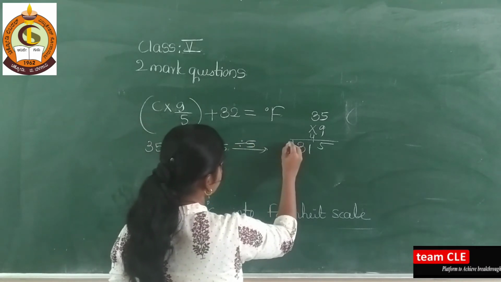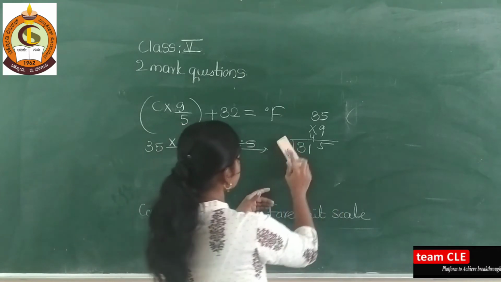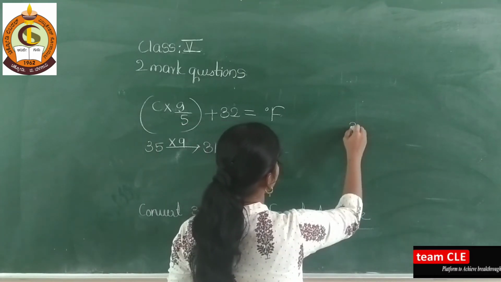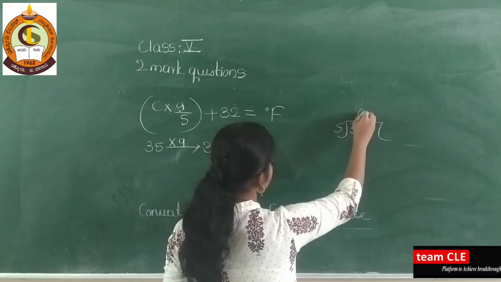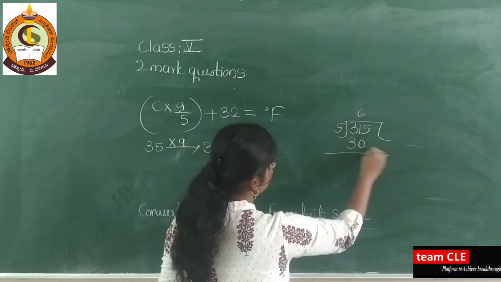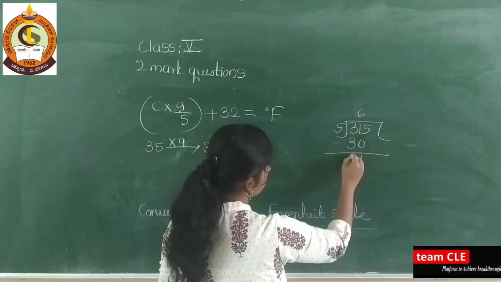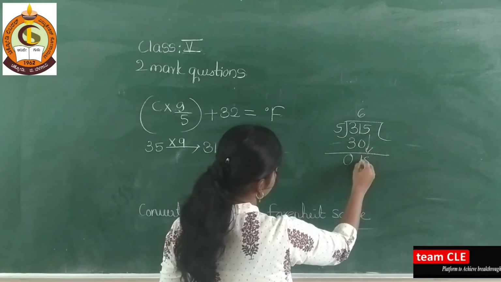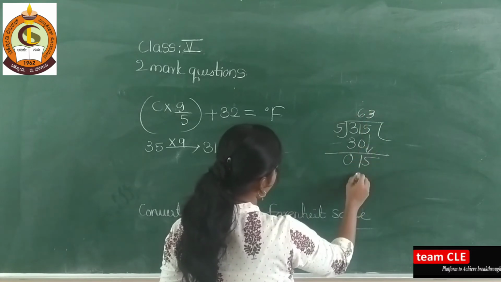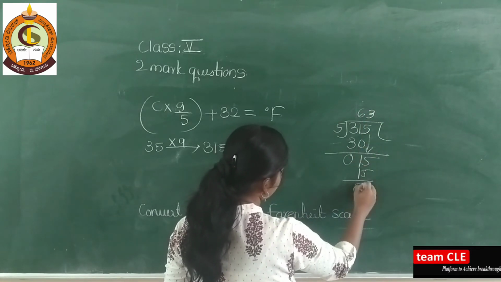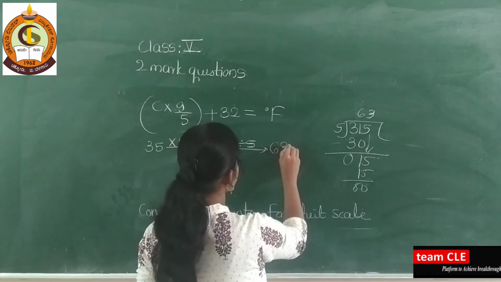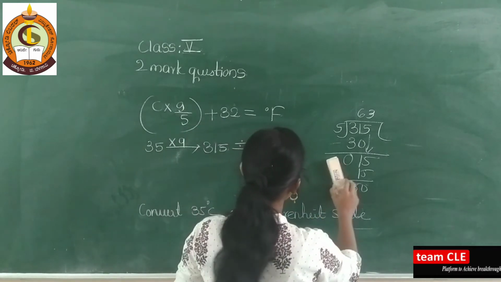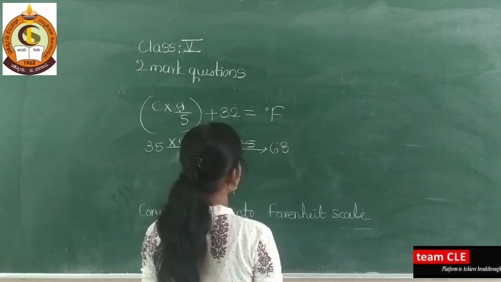Take 315 and divide with 5. 5 6s are 30. 1 minus 0 is 1. 3 minus 3 is 0. Next you take this 5 down. 5 3s are 15. So after dividing I get 63.